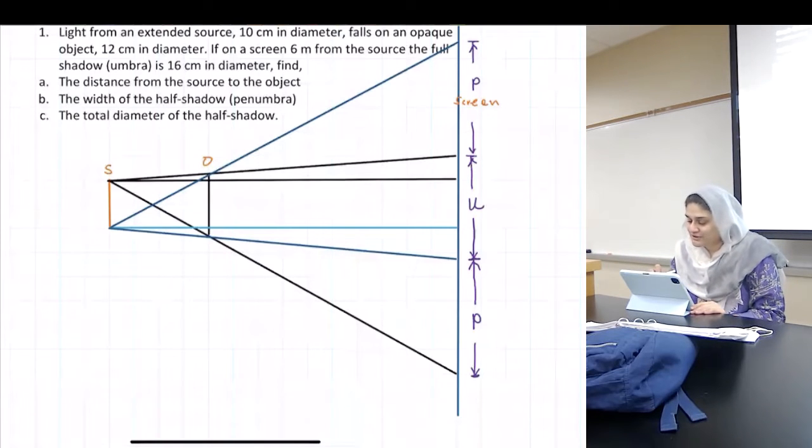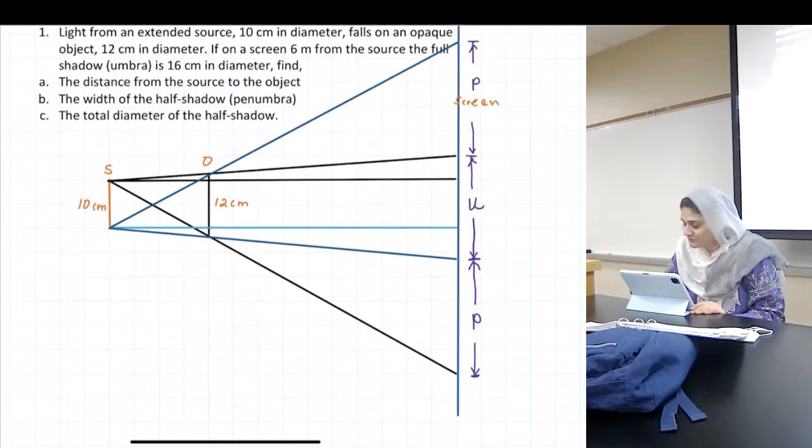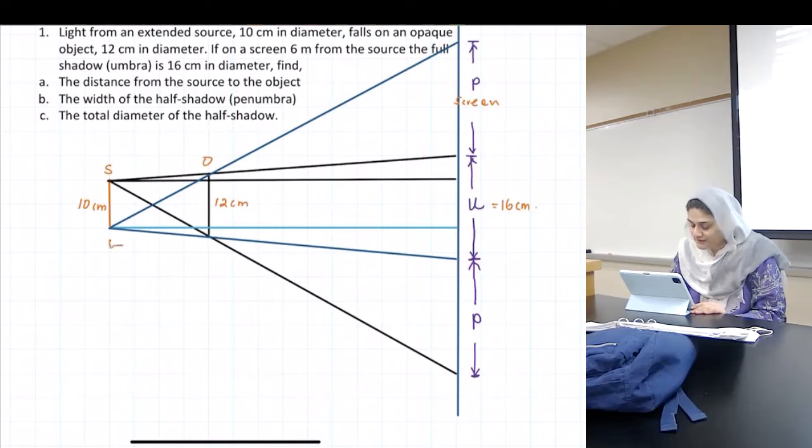So what does the question give me? My source is 10 centimeters. My object is 12 centimeters. My umbra is 16 centimeters. And I have to find this distance.